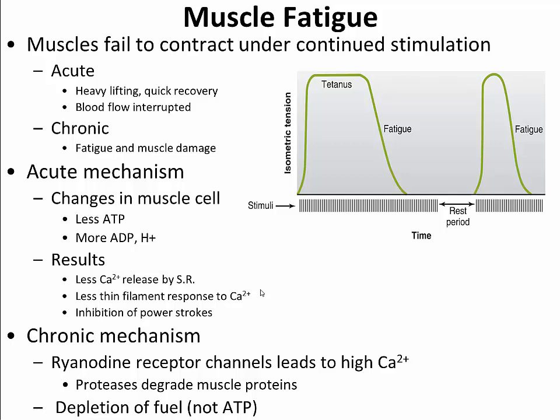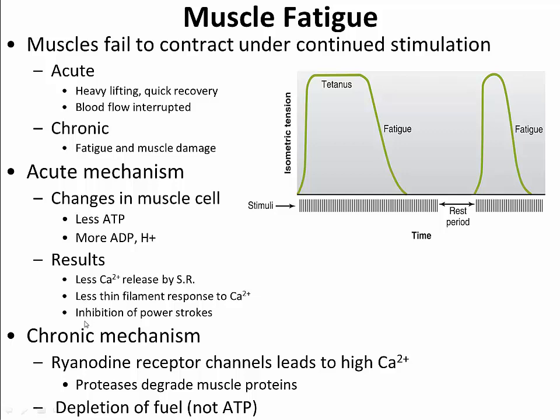But we also have additional mechanisms, and so there are changes within the cell itself. We use up ATP. In acute fatigue, we are generating ATP using glycolysis, and so we have very rapidly higher levels of ADP, higher levels of hydrogen ions, and changes in the muscle cell as a result of that, which make it more difficult for the muscle to contract.